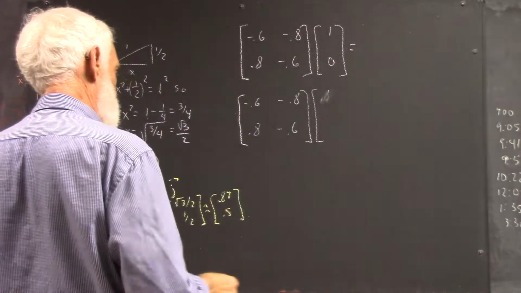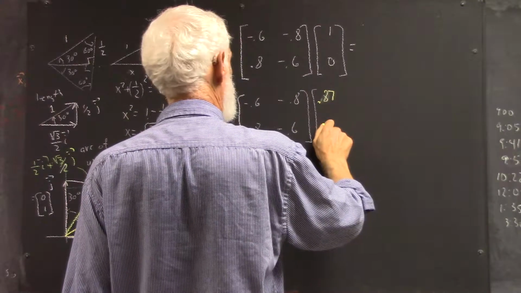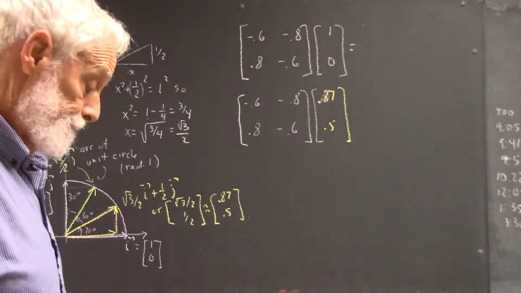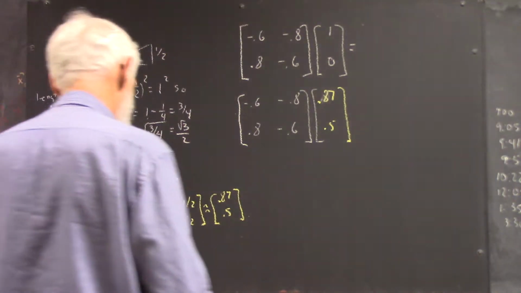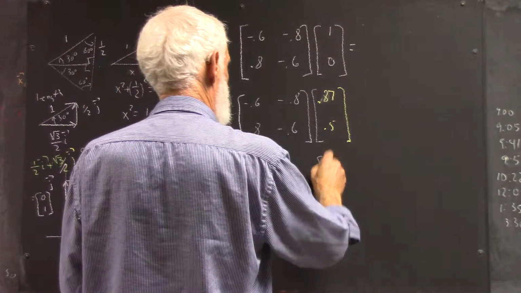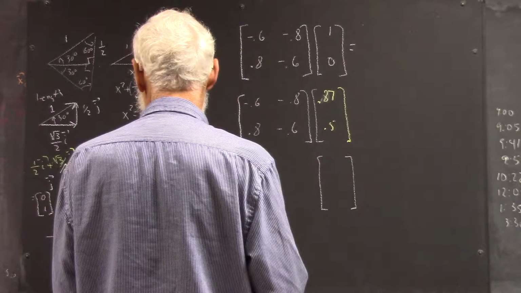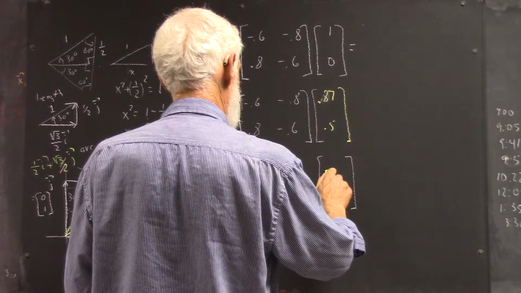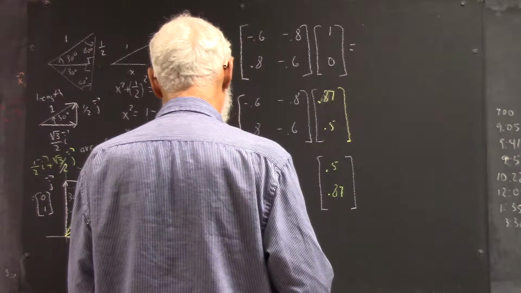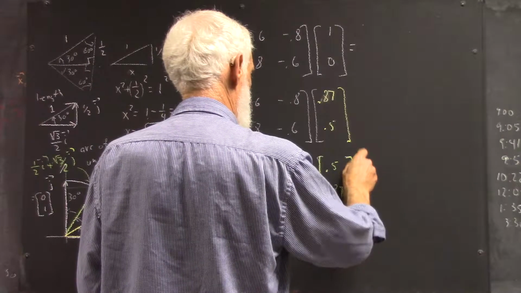Now I've got this vector in yellow, so I'm going to write it in yellow. Right? And then the same thing times the second vector, 0.5, 0.87.